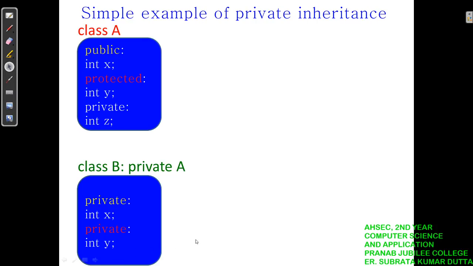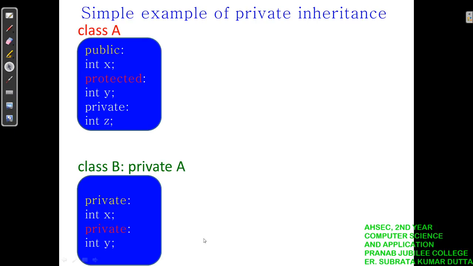Okay, so depending on the requirement, how you want to design your software, what access you want to give or allow the users to have, which members must have what access, depending on that we use the access specifier for members within a class. Similarly, the visibility mode is used for inheriting a class.